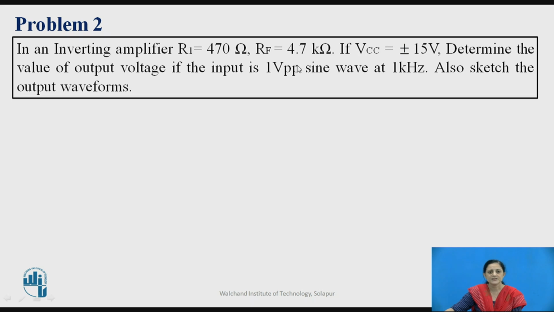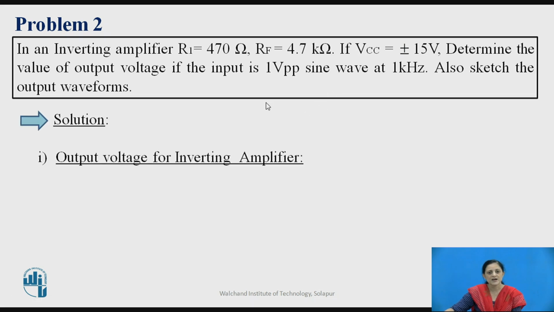Now if you compare with the previous problem, here in the second problem the input is given as a sine wave, an AC signal is applied, and the mode of the amplifier is inverting, whereas the values of R1 and RF are also given. The supply voltage of plus minus 15 volt is applied to pin number 7 and 4 of a 741 IC respectively.